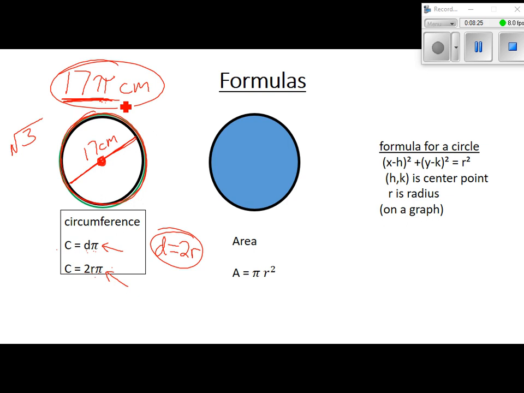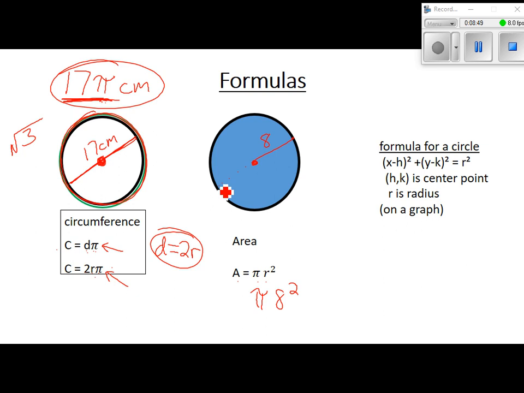Area of a circle: the formula is pi times radius squared. We talked about that earlier this year. We just take the radius and square it. So if this radius is 8, you have to be careful, because 8 squared is not 16. That's not the same as the diameter, going all the way across here.